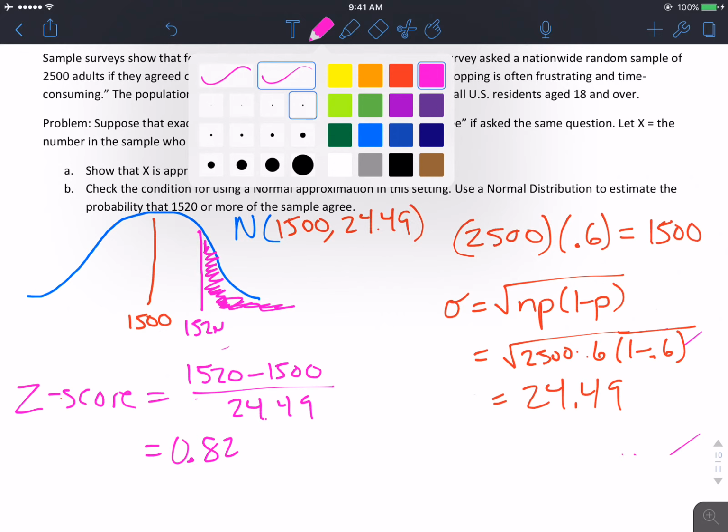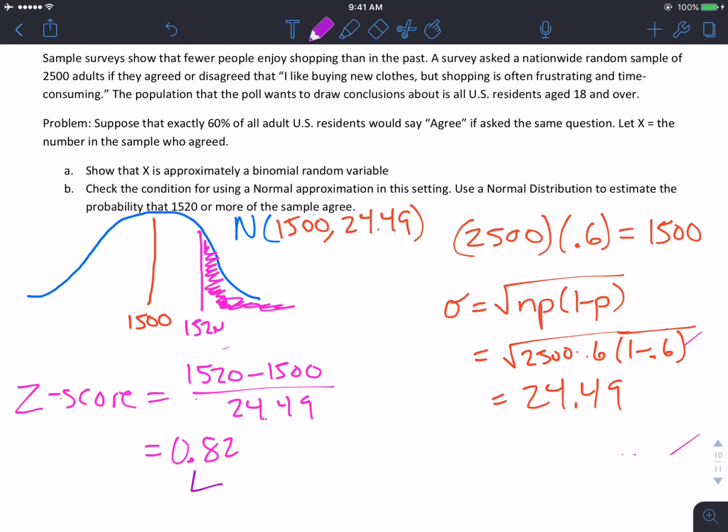And if you find your z-score there, turn that into a probability, and it's 0.7939. But remember, z-scores will always give you the probability to the left.